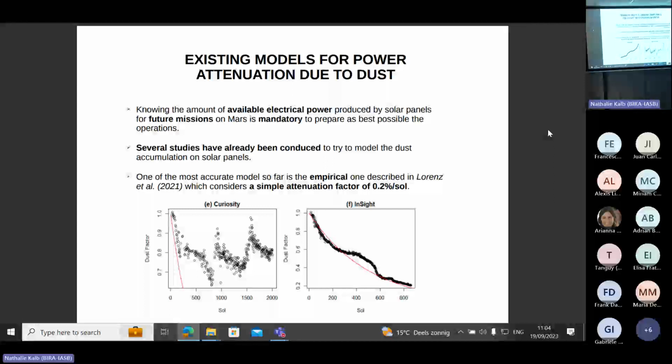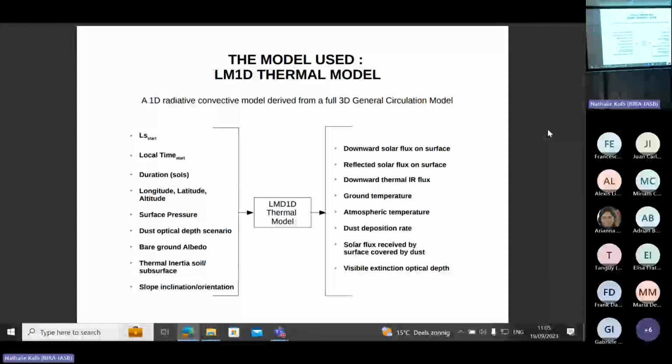So what we tried in my laboratory is to find a model which is more physical and describes better how the attenuation is done by the dust on the solar panel or on every surface. This new model that I worked on, we integrated it in an existing model called the LMD 1D thermal model.